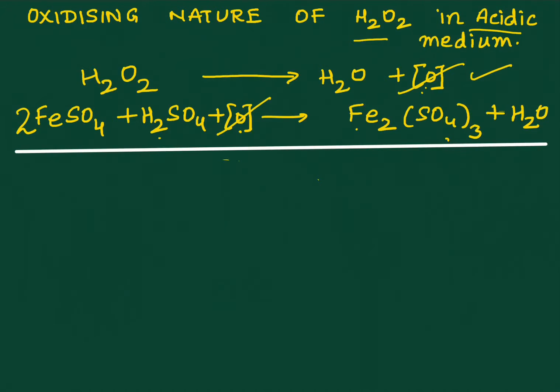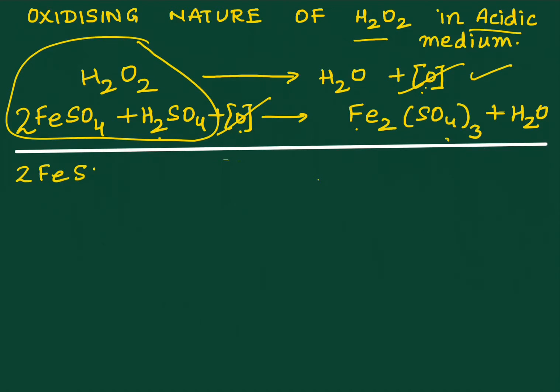Now, would you like to write the final equation yourself and then tally with what I'm going to write? See carefully when you're writing. So let's add up the reactant side of the equation. Anyway, nascent oxygen is taken away.